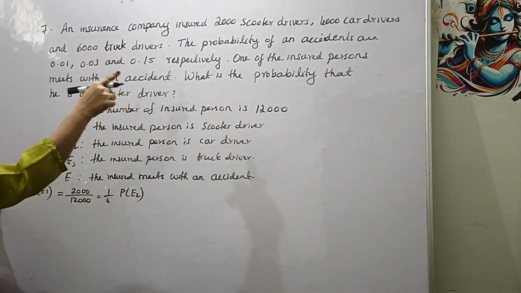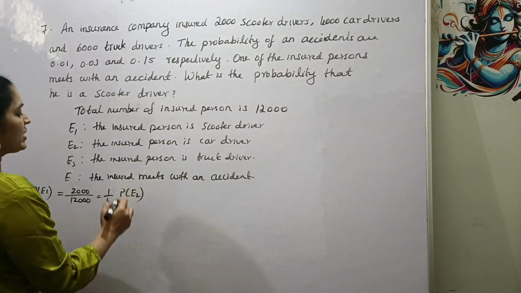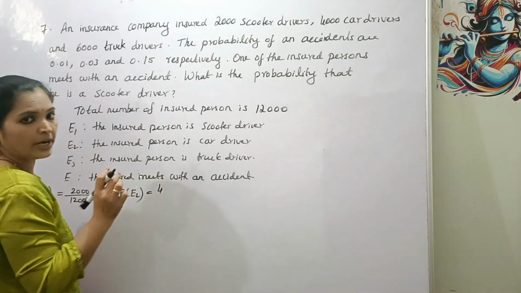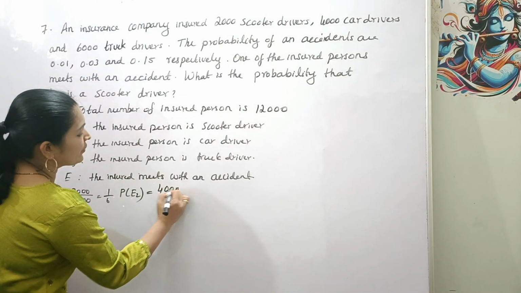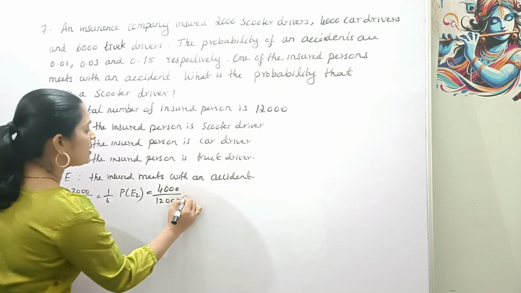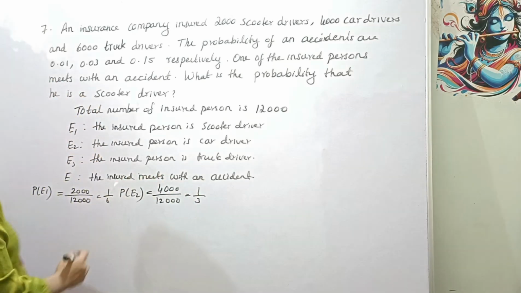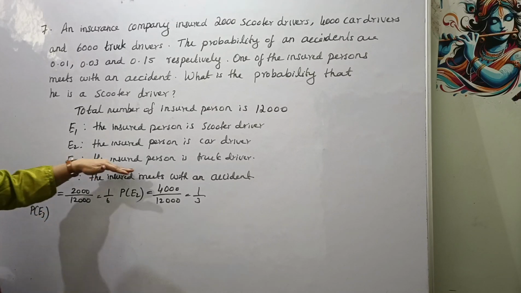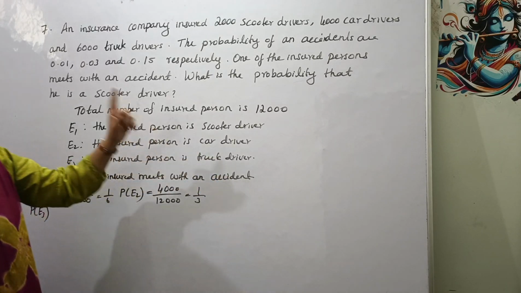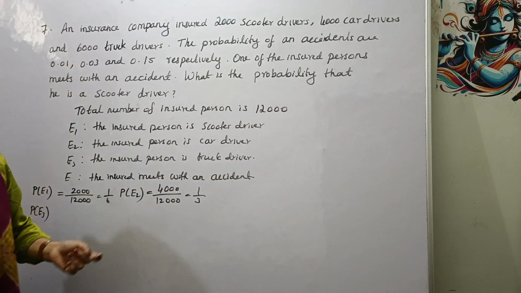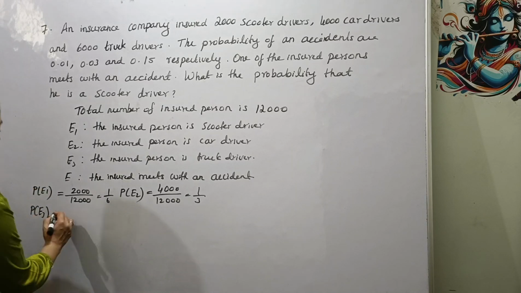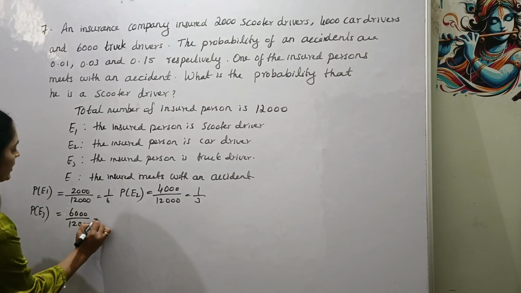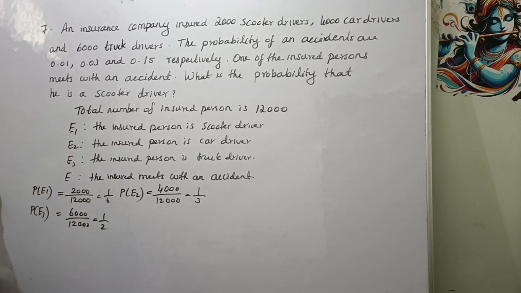There are total 4,000 car drivers out of 12,000 insured drivers. So 4,000 divided by 12,000, that is 1 by 3. And probability of E3, the event, the insured person is a truck driver. There are total 6,000 truck drivers. So probability of E3 is 6,000 divided by 12,000, that is equal to 1 by 2.